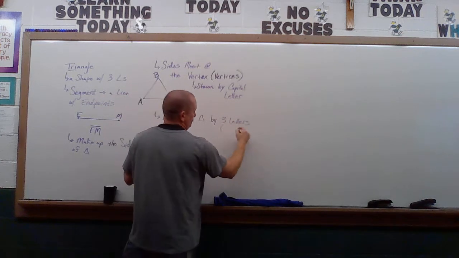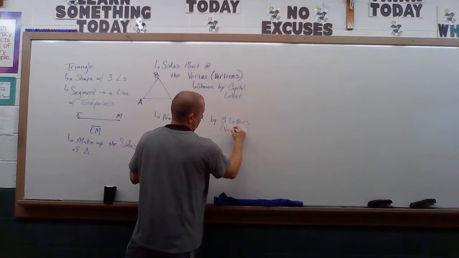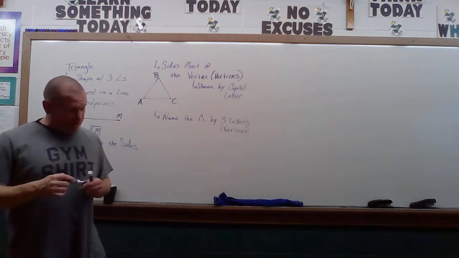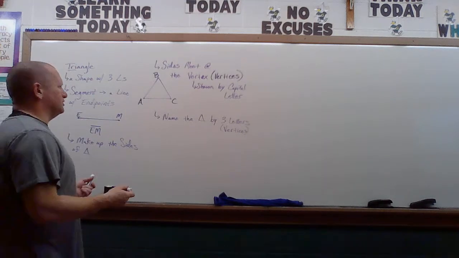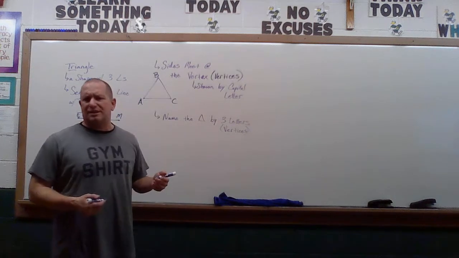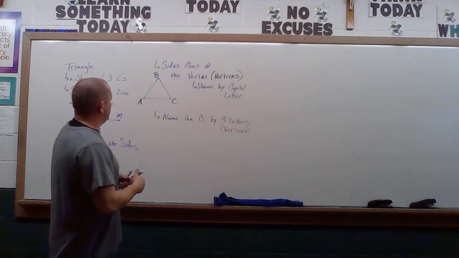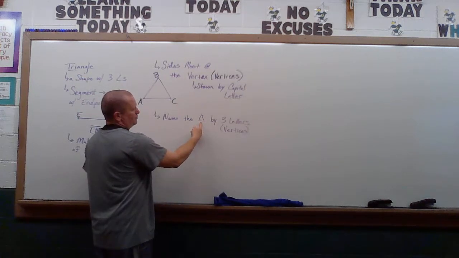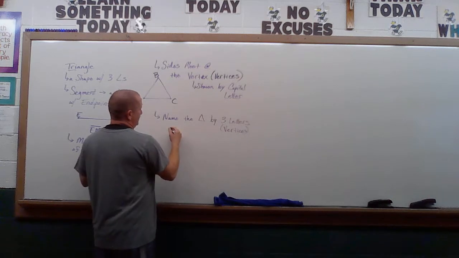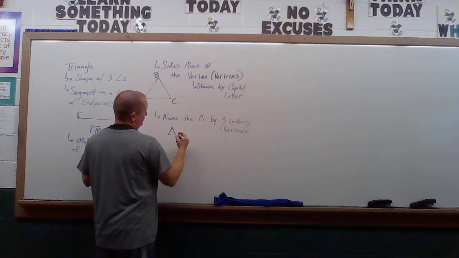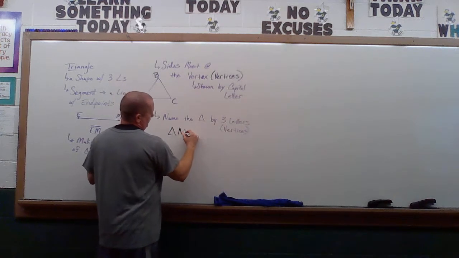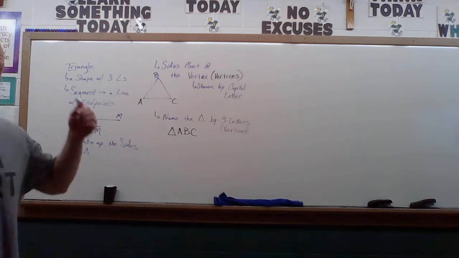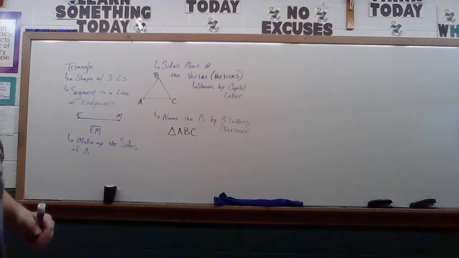So my three letters are the vertices, or the actual angles in the triangle. And normally they try to write the letters in alphabetical order, but in all honesty, you can write them in any order. And then notice my little triangle symbol. So we always have to have a symbol. So I'm going to write that triangle symbol, and then I'm going to write my three vertices. Now again, it doesn't really matter, but I would try to write it in alphabetical order.